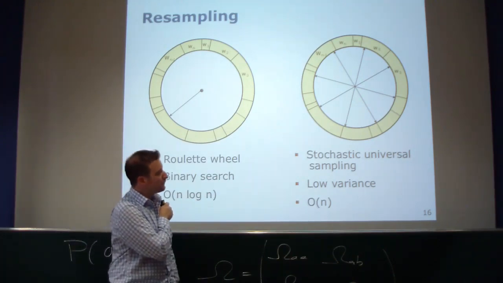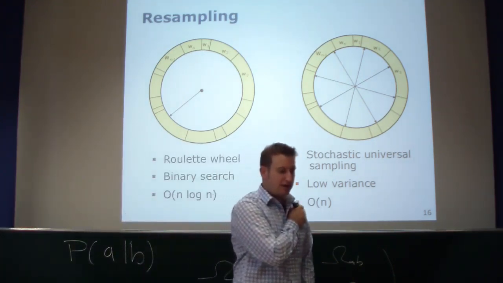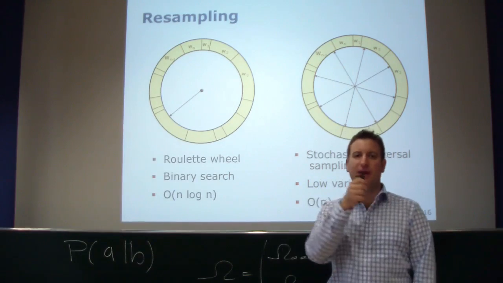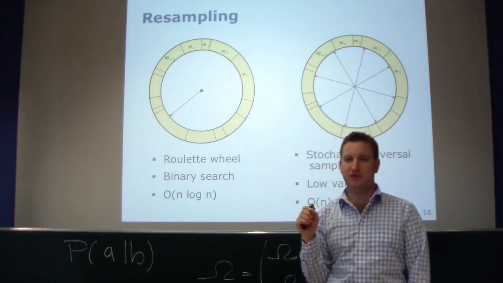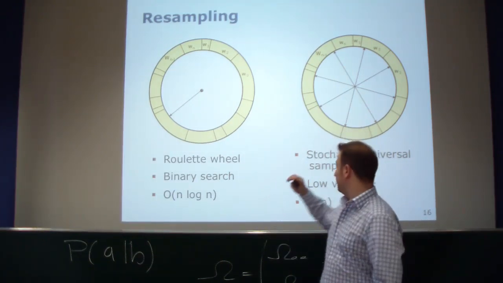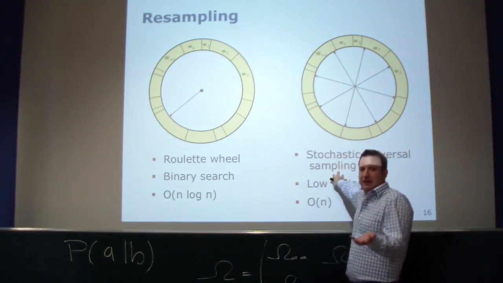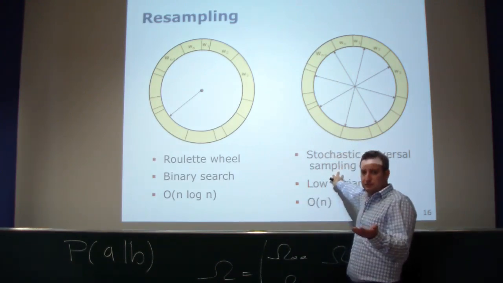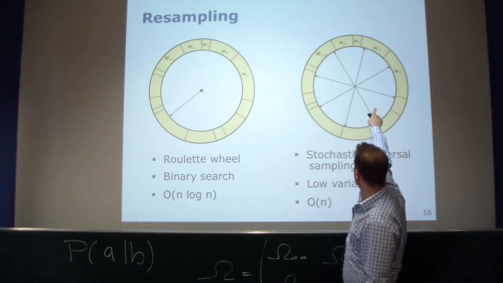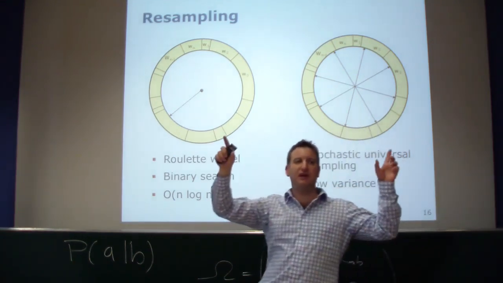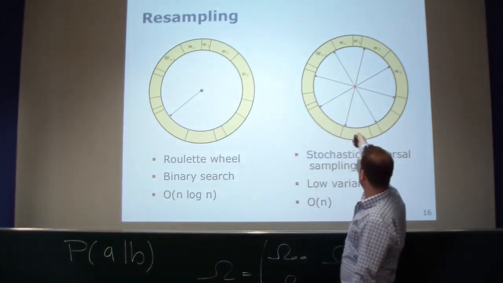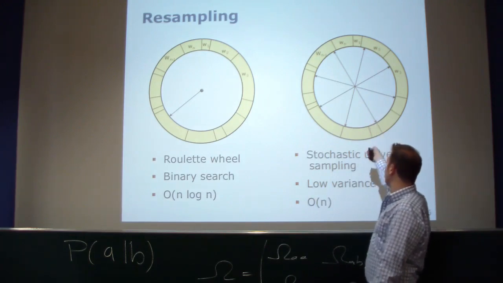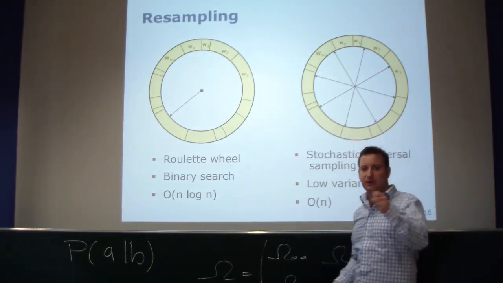But the most important property is that if you have a particle set where all the weights are approximately the same, this approach will actually replicate the original set. Let's say all these weights W1 to Wn are exactly the same size. You select the first one somewhere and then go 1 divided by n steps further, and you will reach every sample.